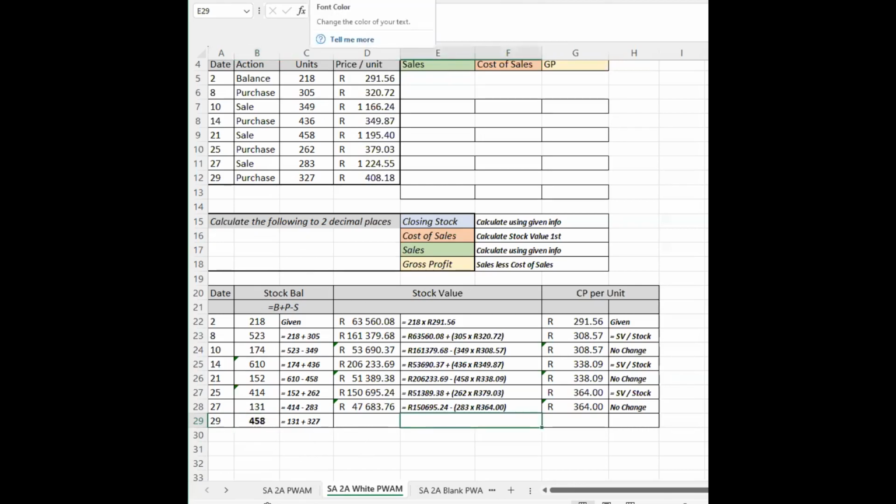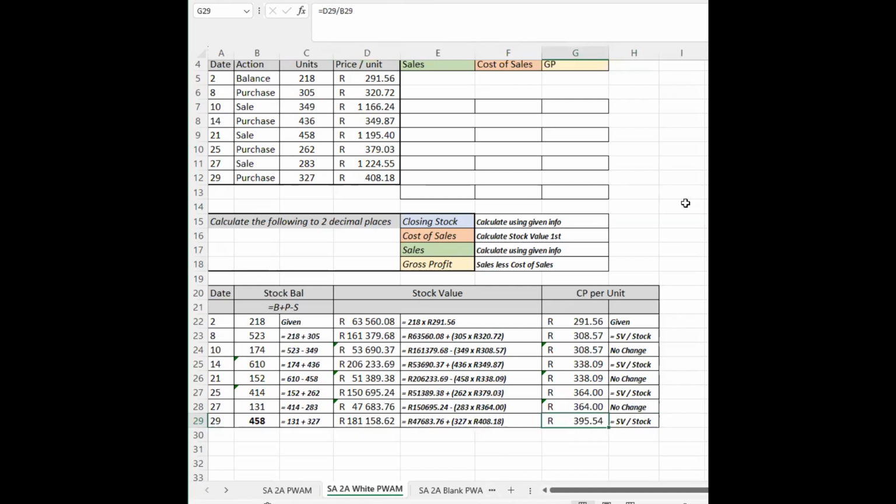Once again, we calculate our new stock value, what we had on hand, the 47,683, plus now the value of the 327 that we're buying at 408, and we get a new stock value of 181,000. And if we divide that value by the total number of items that we have, the 458, we get a cost price per unit of 395.